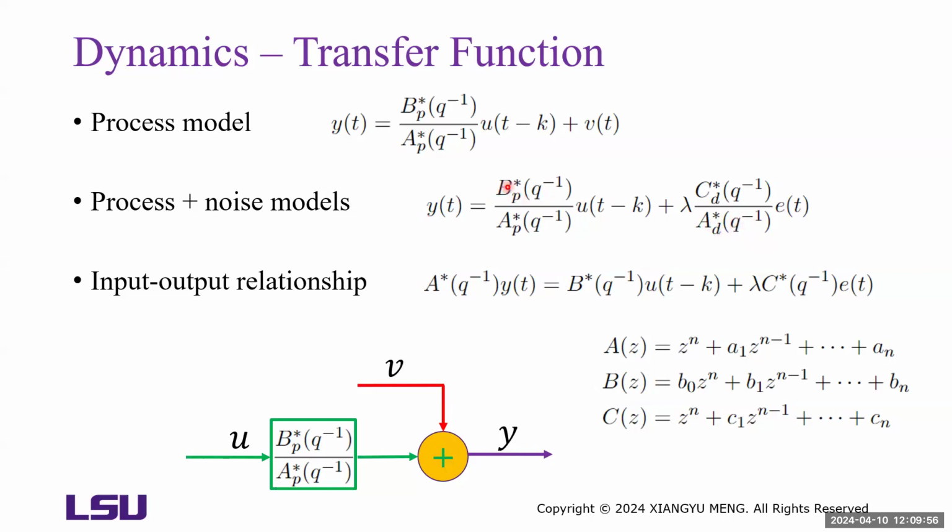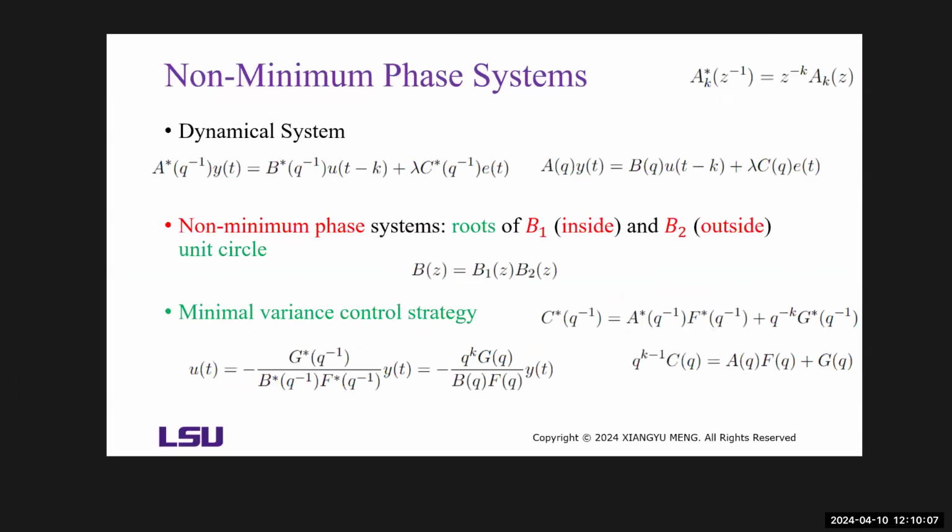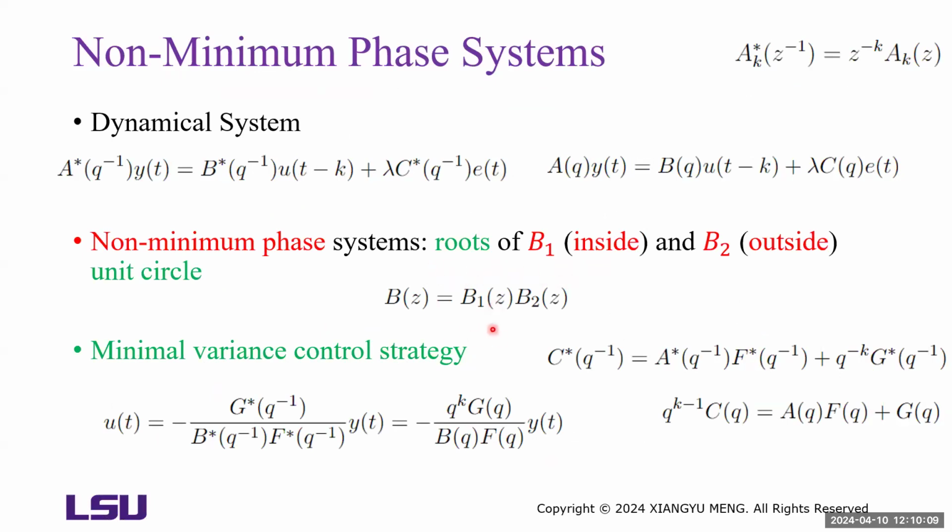For B_P, it may have some roots outside the unit circle. Then we assume the polynomial B1 is of degree n1, and all its roots are inside the unit circle. And the polynomial B2 is of degree n2, and all its roots are outside the unit circle.